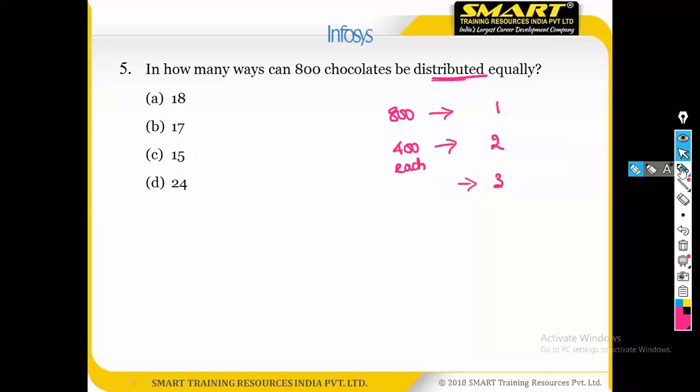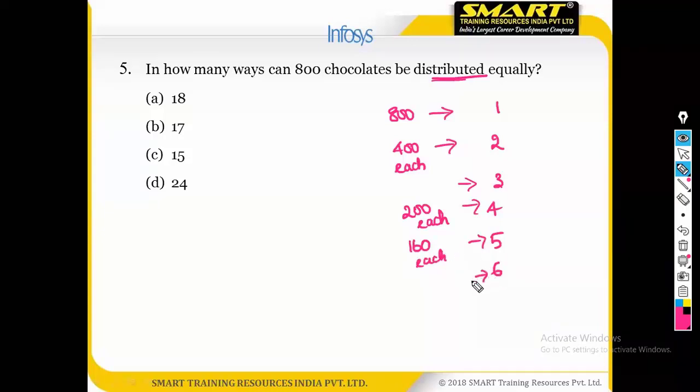Very good. Yes, Jack, you are right. Hence, if there are 3 persons, I cannot do the distribution. If there are 4 persons, then I can give 200 to each. If there are 5 persons, I can give 160 chocolates to each.